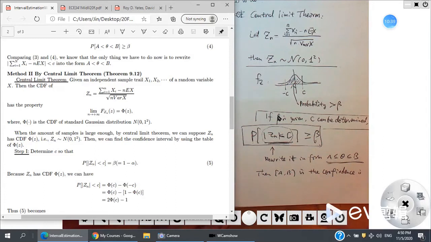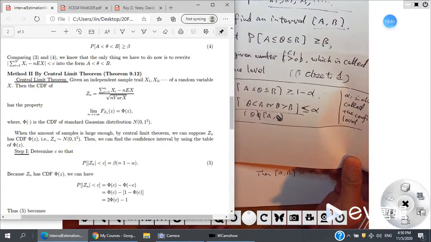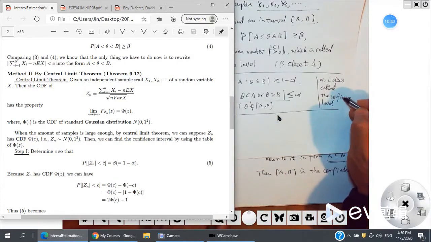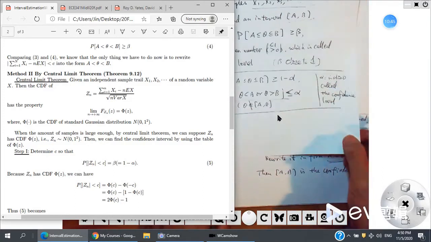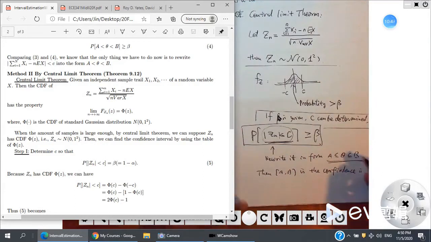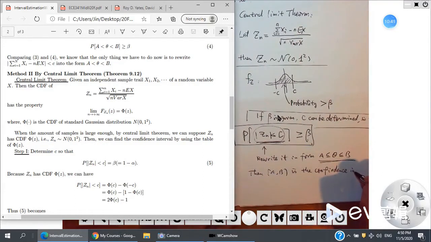Oh, I think I missed something. Sorry, this is D. The last is the confidence interval. Then this one is the confidence interval of theta with the confidence level beta.